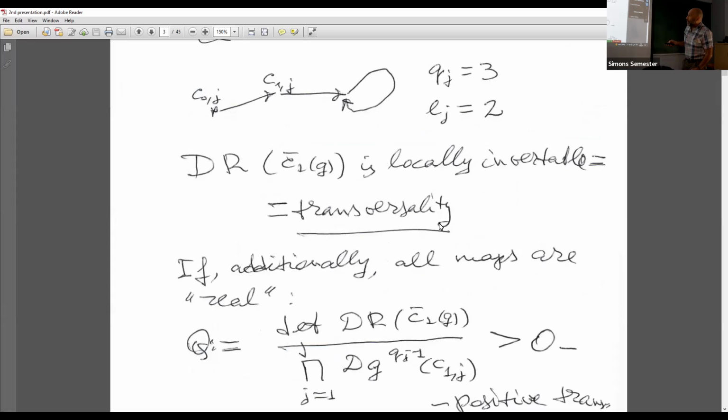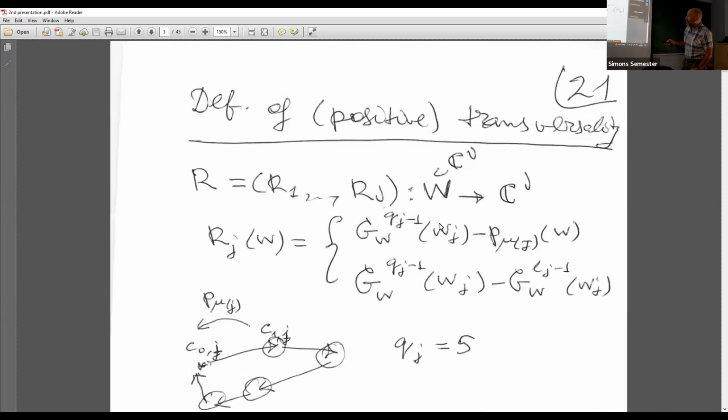And the definition of transversality: the linear part of this nonlinear map, if nu is 1, is just a holomorphic map from C to C, with 0 at C1, the critical value.